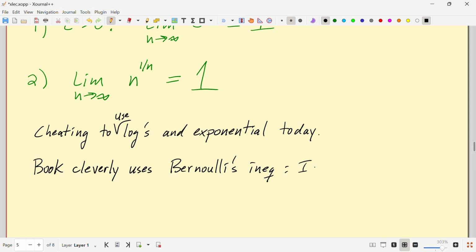Namely, if x is bigger than minus 1, then 1 plus x to the nth power is greater than or equal to 1 plus nx for all n.